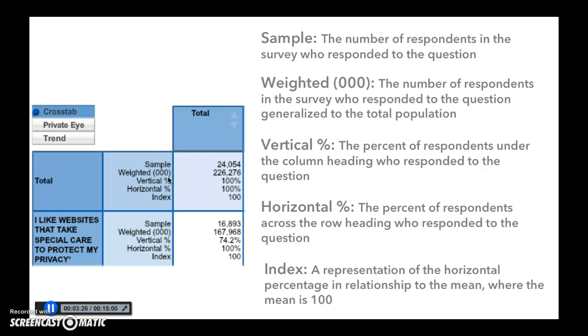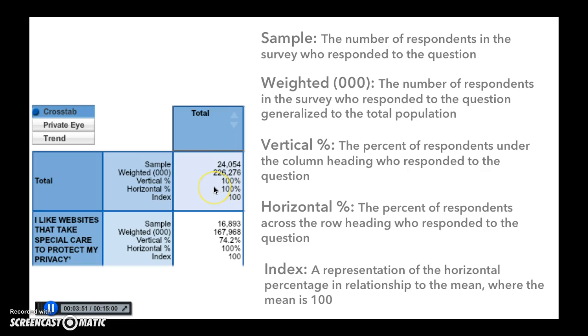That means the number to the right is represented in thousands, so you have to add 3 zeros to the end of the number. So the weighted population is not 226,276, it's actually 226 million. That is a very important point to remember. That is the total number of adults 18 plus in the United States.